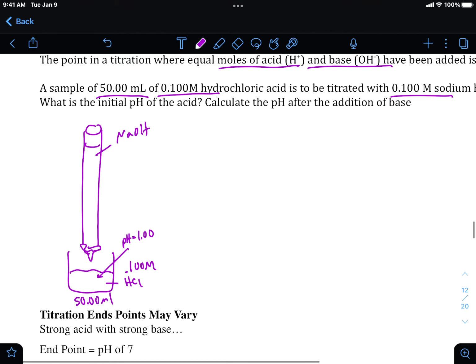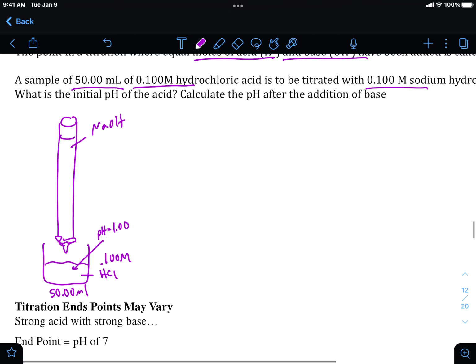Calculate the pH after the addition of the base. So remember that titrations typically end when we get to the equivalence point. And the equivalence point is when your moles of acid and moles of base are equal. So the first thing I need to do is figure out how many moles I have of the HCl, because I know both the molarity and the volume.